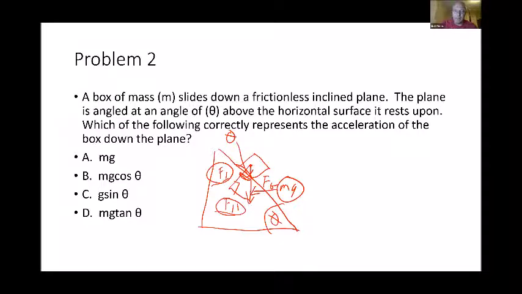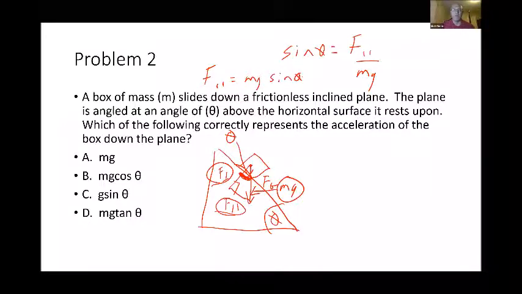Since the parallel component is opposite of this angle theta right here, I can use sine to find it. So I'm going to say the sine of theta is equal to the opposite side, which would be F parallel, over my hypotenuse, which would be the weight, mg. Well, that means that F parallel equals mg times sine theta, if I just solve that.